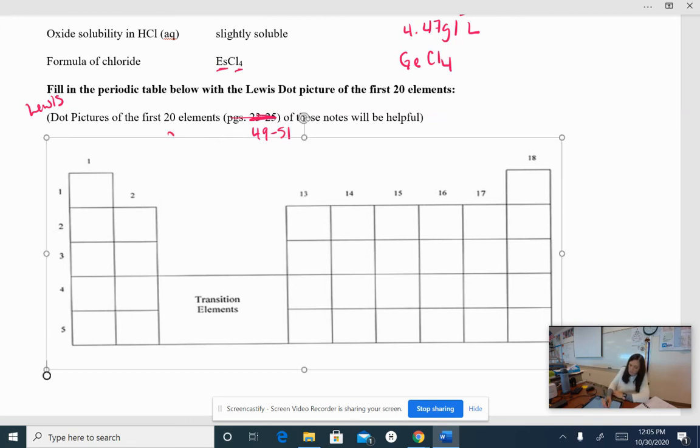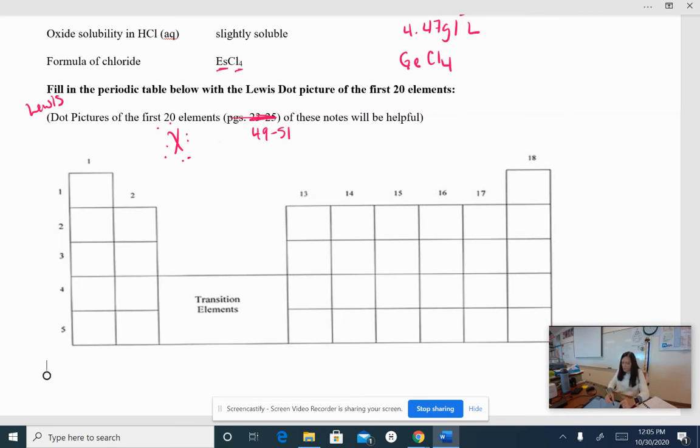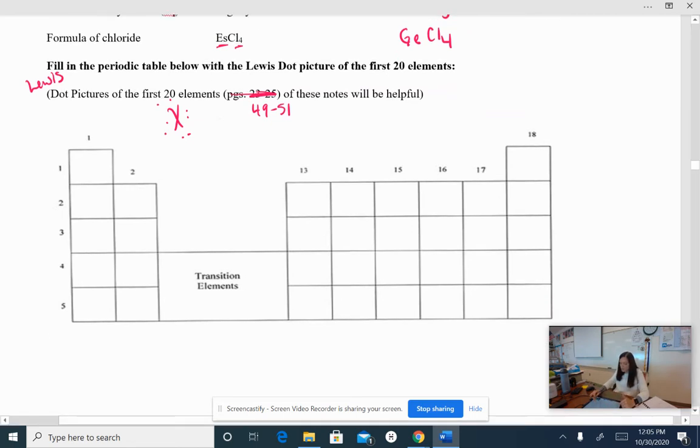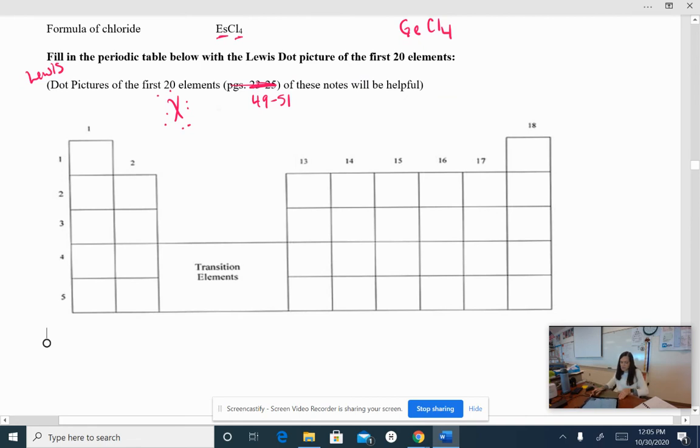These are the little pictures where we had the element with the dots around them. Grab the dot pictures for each of the first 20 elements. I'm going to start really quick. For hydrogen, we had just 1 dot, and helium with just 2 dots. So take a minute, pause the video, go back and look at all of those.